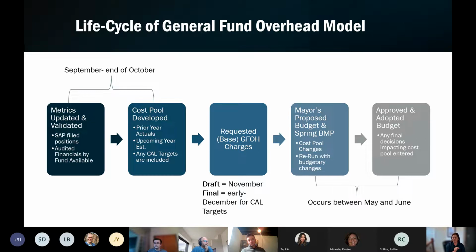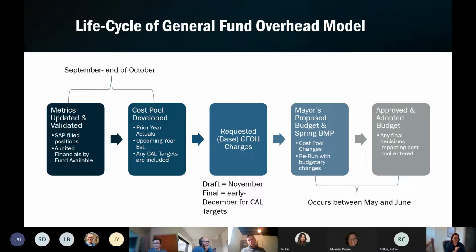The split or the allocation of how much of that cost pool is overhead versus discretionary stays constant through the process. So it doesn't get rerun in its entirety at every incremental change. What we are talking about from the mayor's proposed forward is only the changes to the cost pool that is allocated.